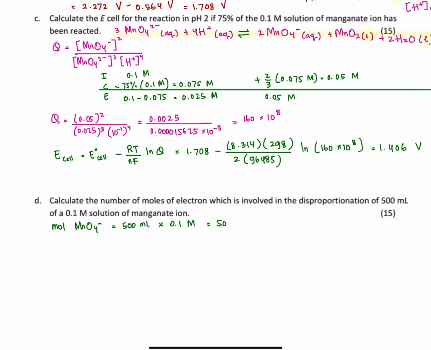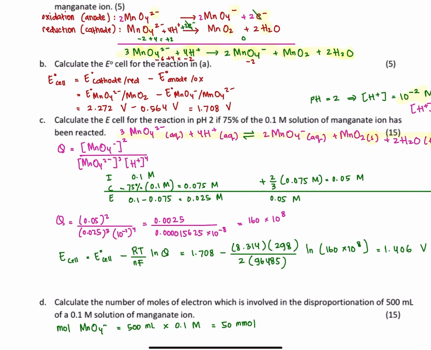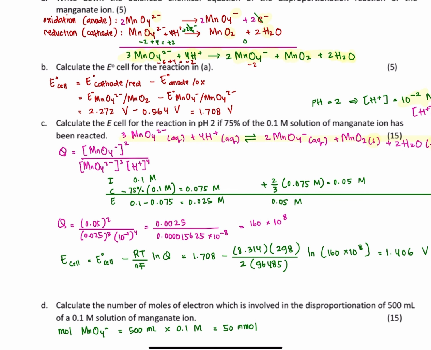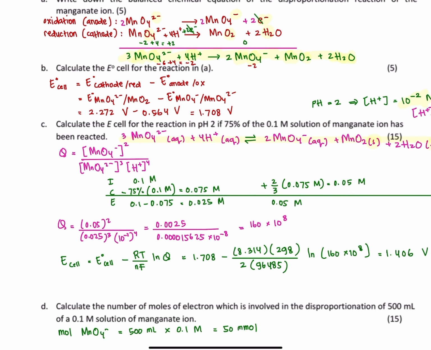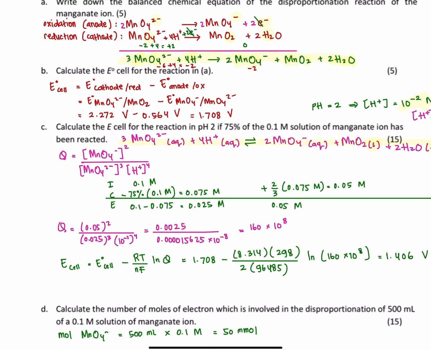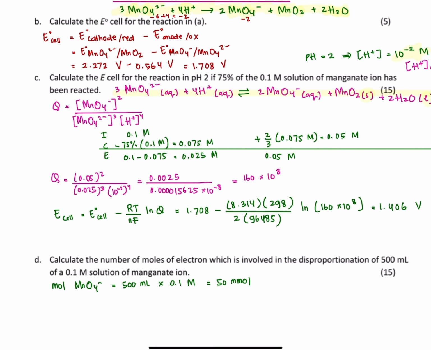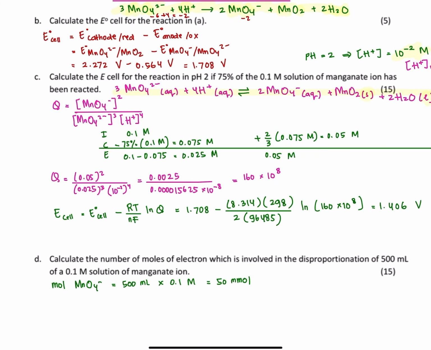So here we have 50 millimole. And then if we take a look at the electron here, from the reaction, if I write it this way, this is 2 minus manganese ion.